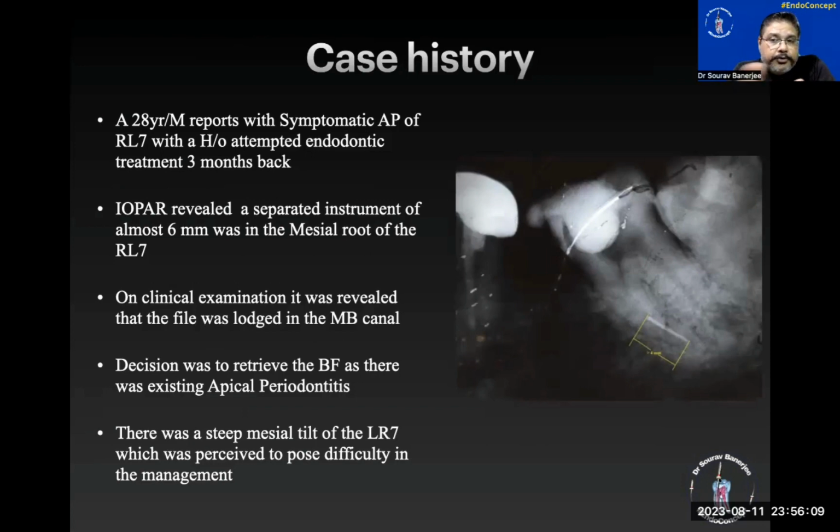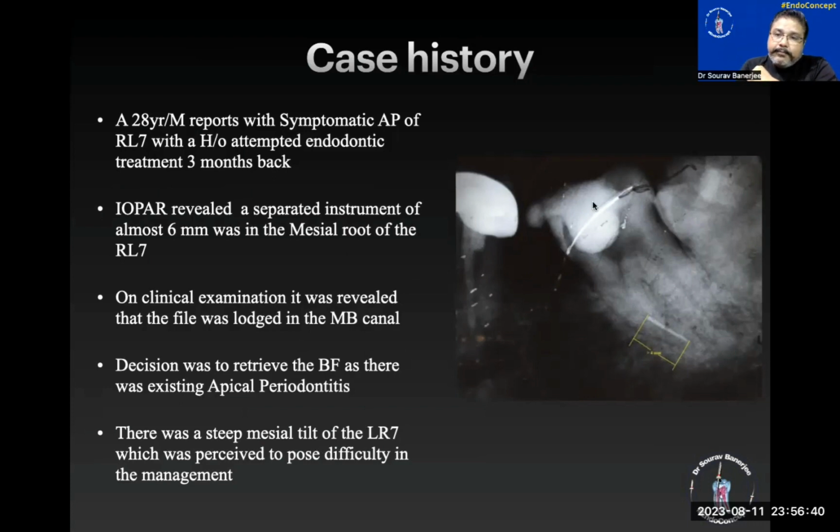When we took the radiograph, we could see almost a 6 mm long file got separated in one of the mesial canals, and on further clinical evaluation, it was seen that it was lodged in the mesiobuccal canal.